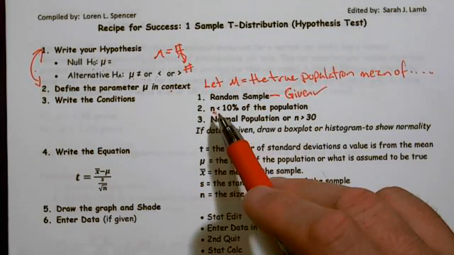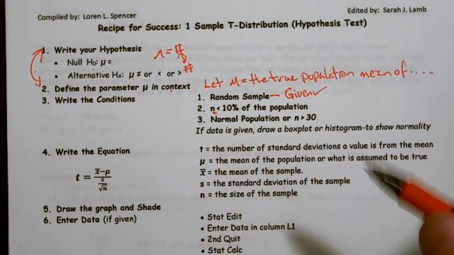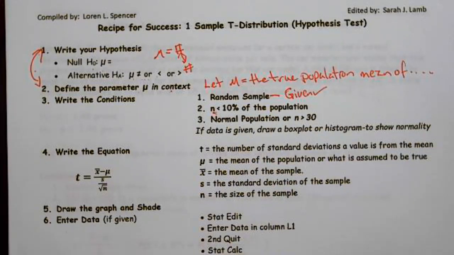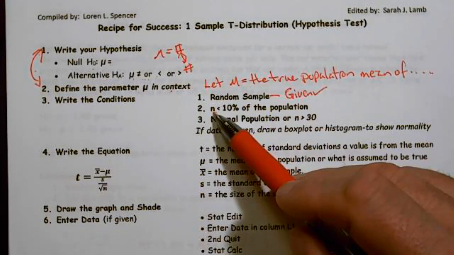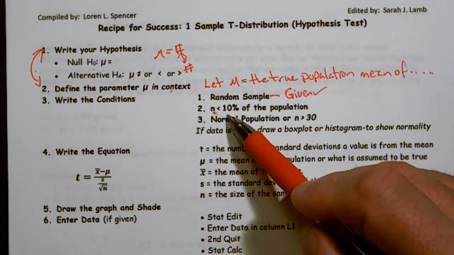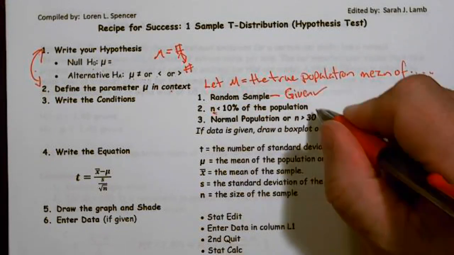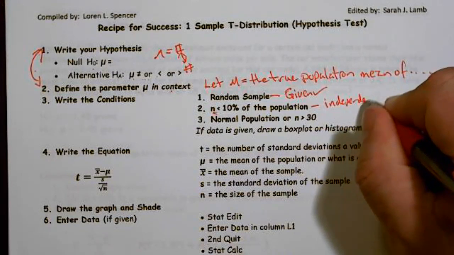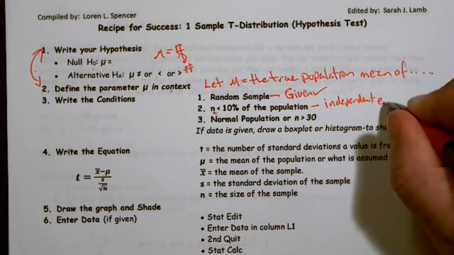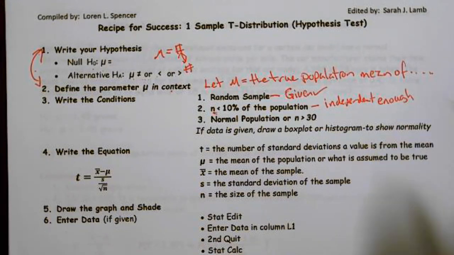If the sample is too big, it becomes a problem, because technically when I ate that M&M, it was no longer independent, it became dependent, but only slightly so. So how big of a sample is too big? Our sample size needs to be less than 10% of the population. This is generally a check to make sure that it's independent enough, because we are sampling without replacement, and technically, when you sample without replacement, things are dependent.